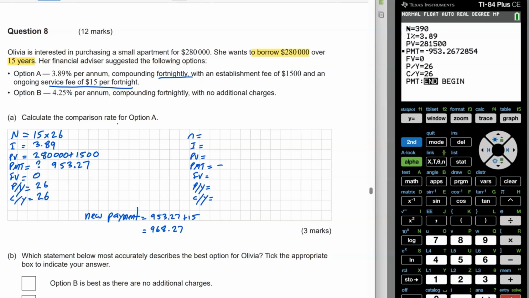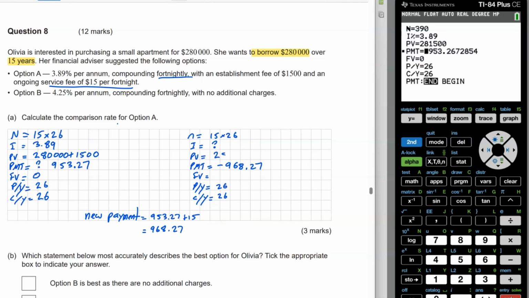Remember, it's negative because it is a payment, 968.27. It's still going to be the 15 times 26, the 26 being the fortnightly period. The I is what we are now finding because that's our comparison rate that we're after. That will count now for both the establishment fee as well as now the ongoing service fee of $15 per fortnight.